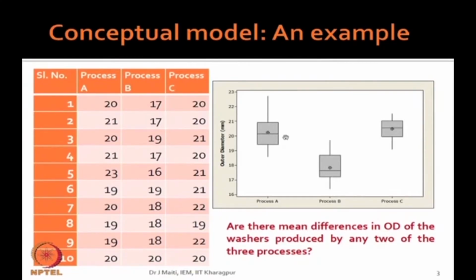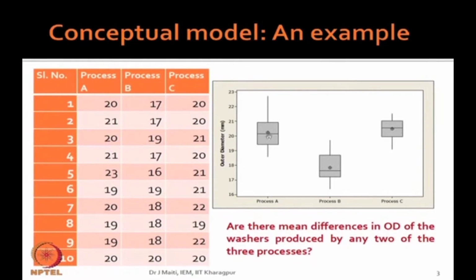So, if we see the three boxes here for process B and process A as well as process C, we will find that the boxes hardly differ in terms of variability except process C, but it is to be proven whether this variability is different from A or B or not, though apparently it is different.